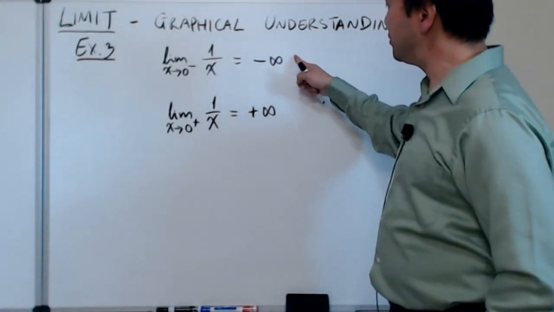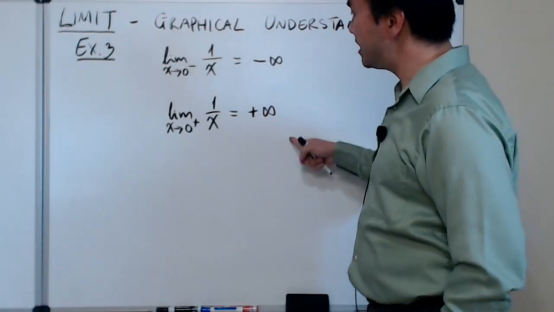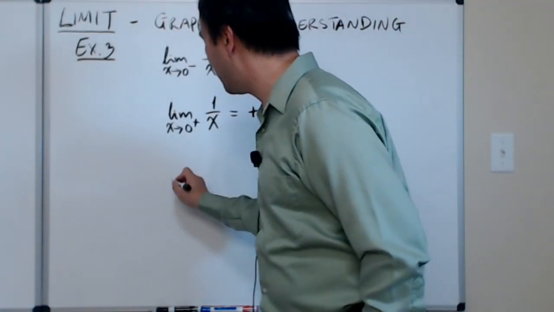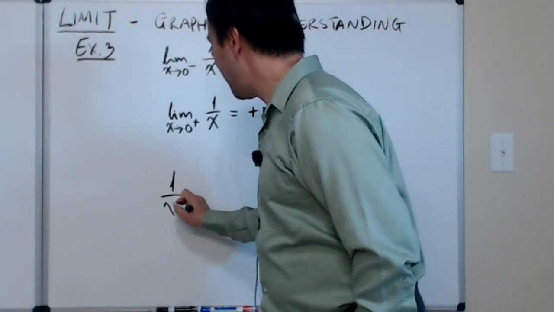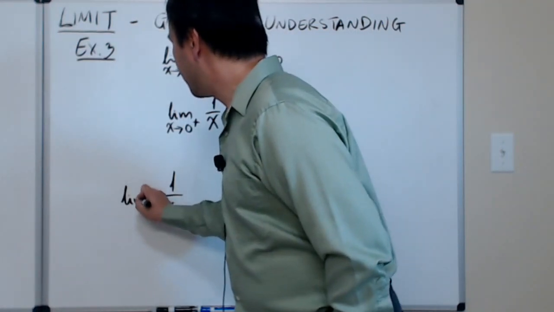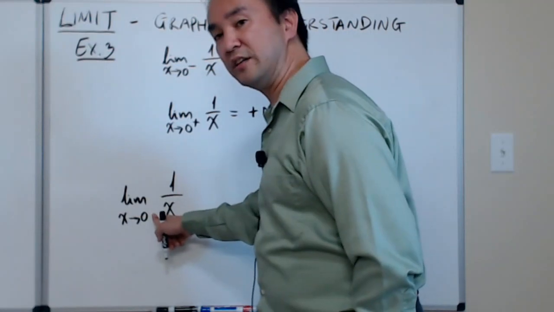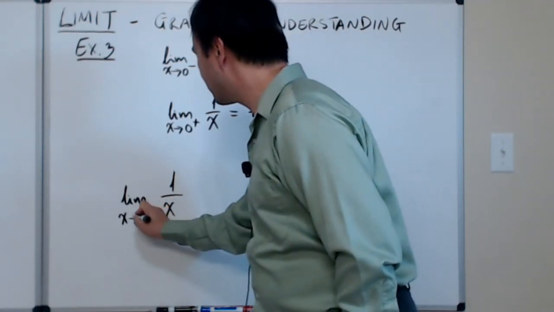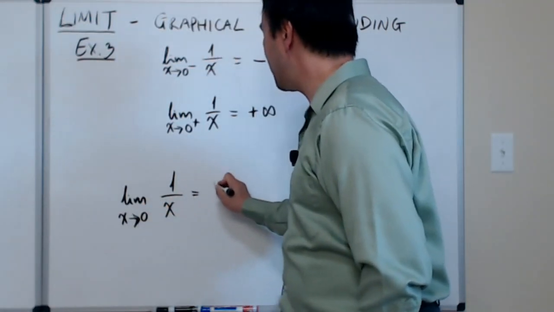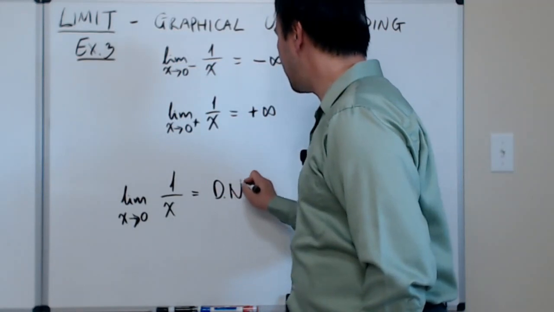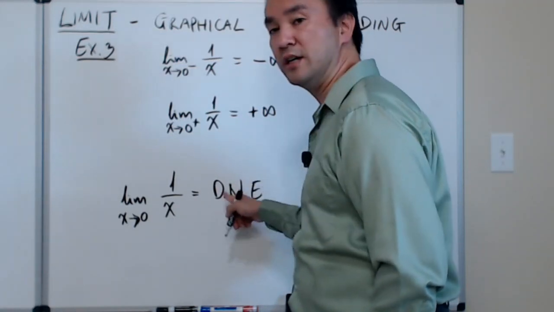Once again, the two-sided limits did not agree in this case. That was the reason why, for 1 over x, taking limits as x comes close to 0 from both sides, the answer must be DNE, which stands for does not exist.